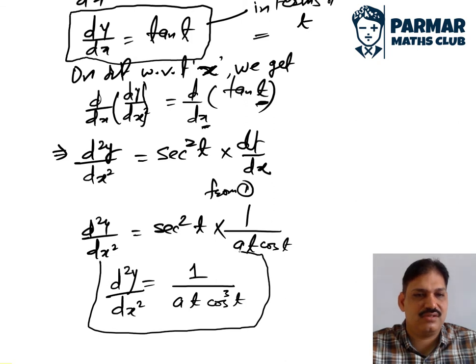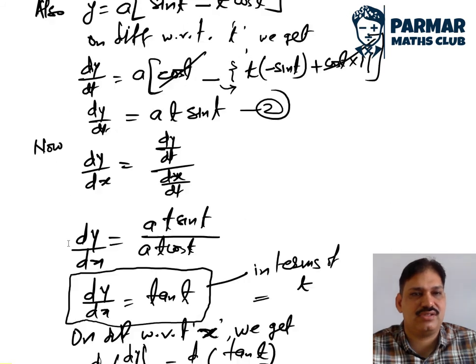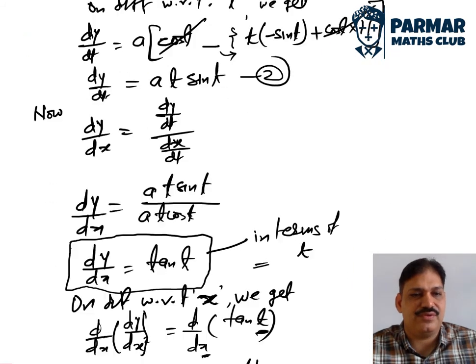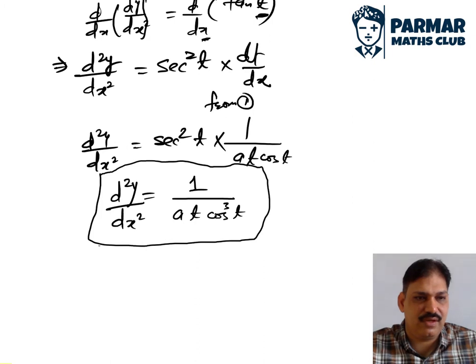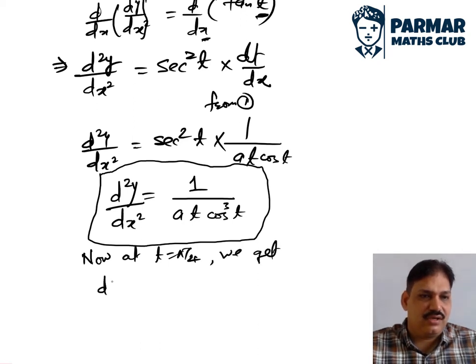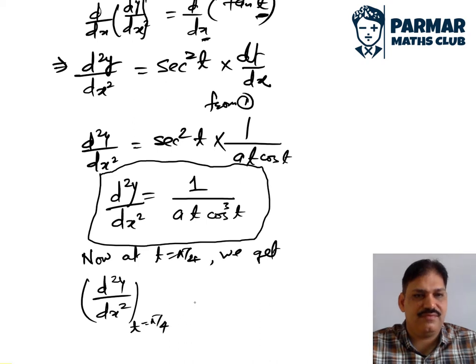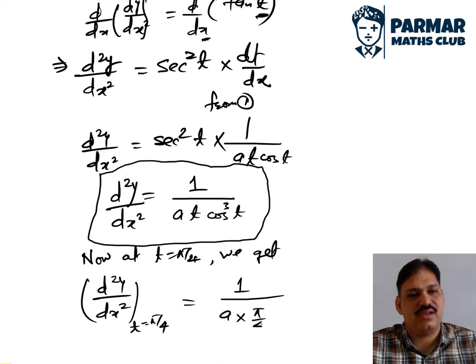Now we have been asked the value of this second order derivative at a particular point, t is equal to pi by 4. So at t is equal to pi by 4, the second order derivative of y with respect to x is equal to 1 upon a times t, and t is pi by 4, and cos pi by 4 is 1 by root 2.